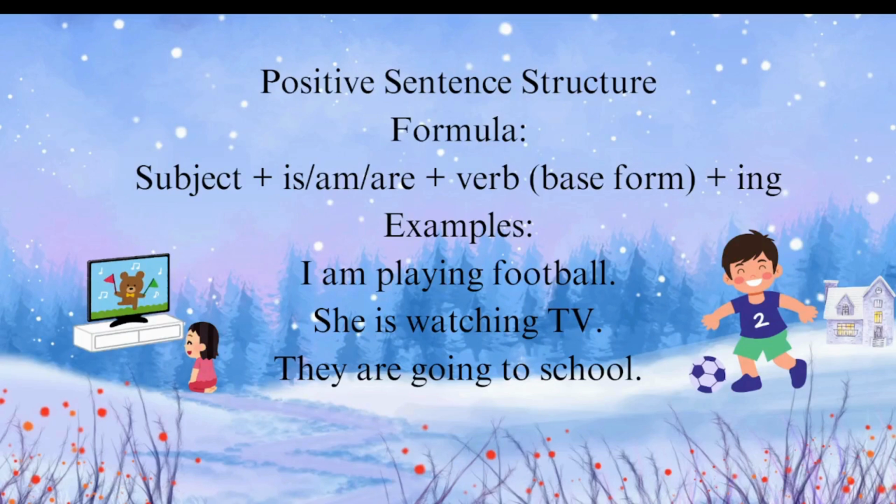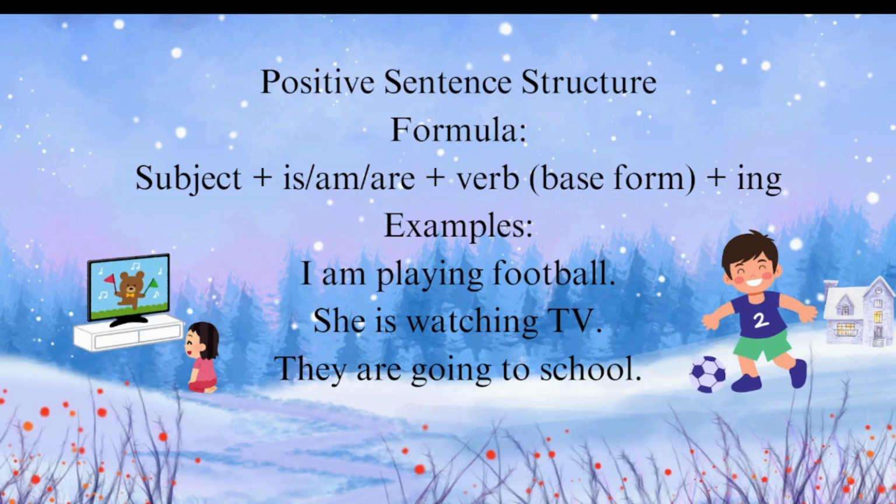Now let us see how positive sentences are framed in the present continuous tense. This is the structure. The structure is visible on the screen. We just follow that structure to frame sentences in the present continuous tense. We need to focus more on the verb. There are three helping verbs used in the present continuous tense.